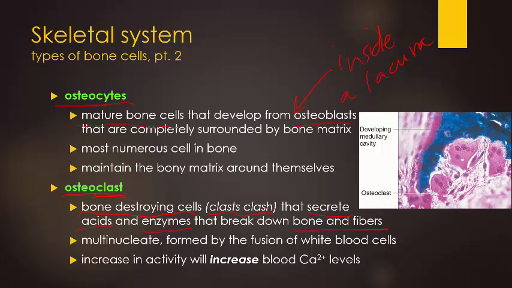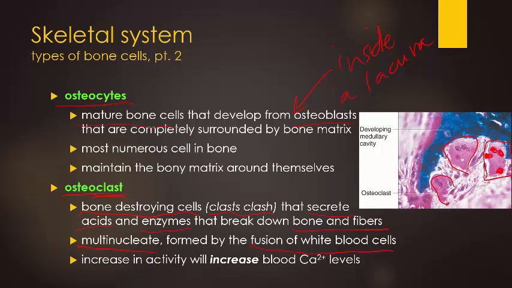Here are some osteoclasts. Here's one, here's another, and here's a third. So what I want you to notice about them is, look, they have multiple nuclei. So osteoclasts, rather than being bone cells, are actually blood cells. They're blood cells that are multinucleate, and they form when multiple white blood cells fuse together.